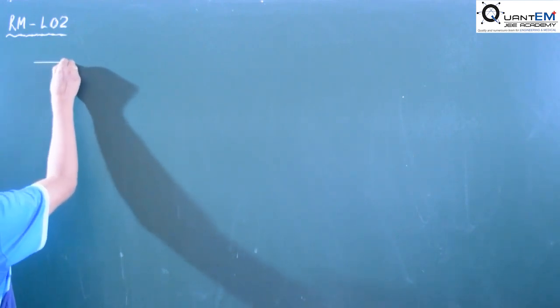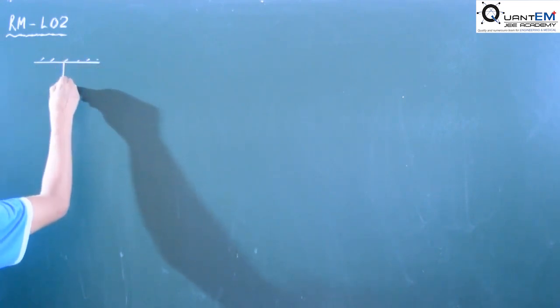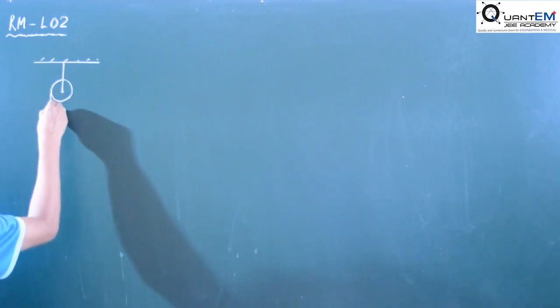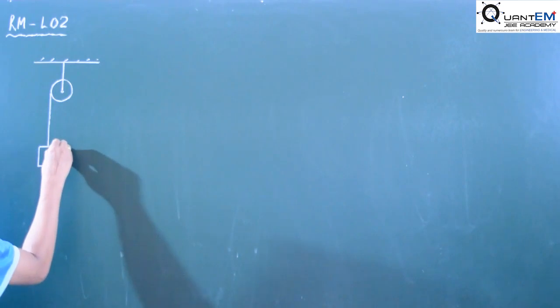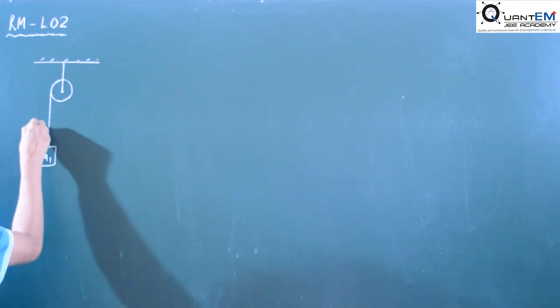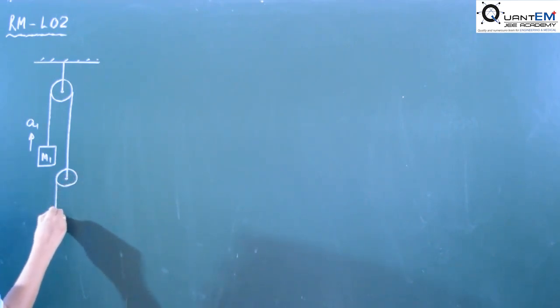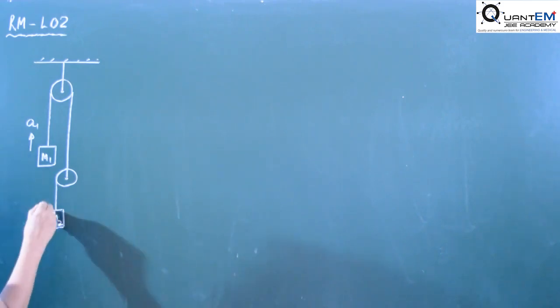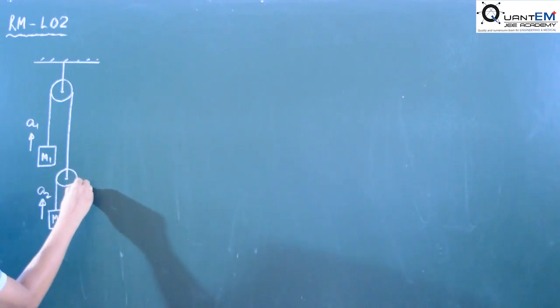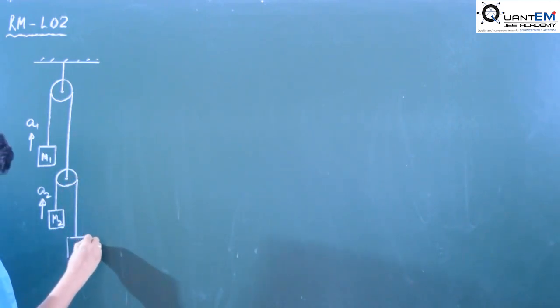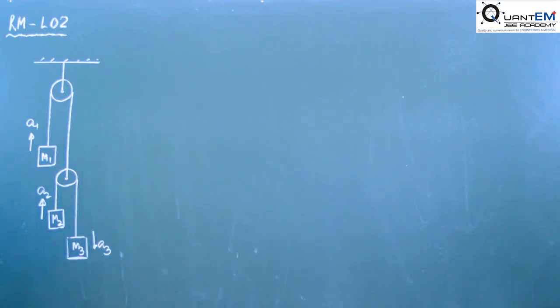Now we come to some more questions. Mass is m1, it has acceleration a1, this has acceleration a2, and this has acceleration a3.